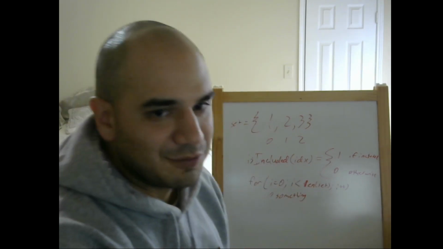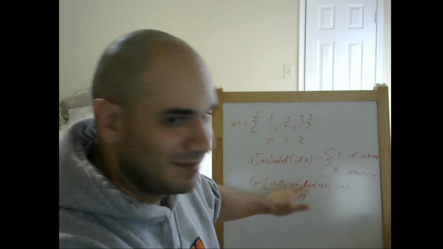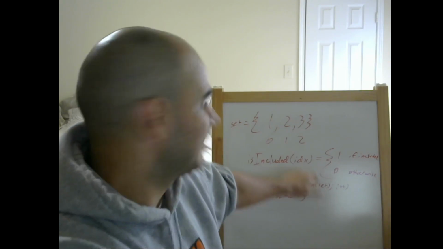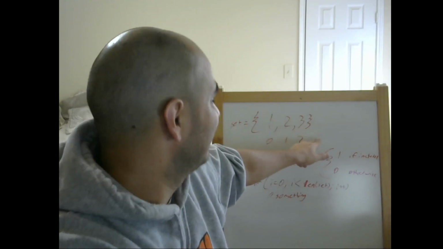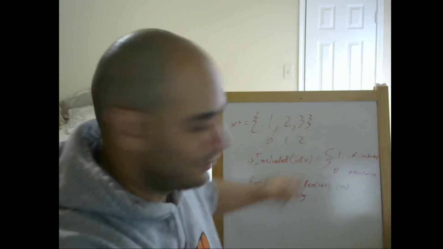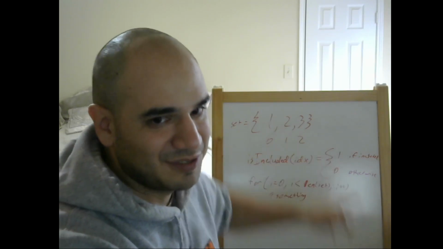For every item in our set, or for every index less than the length of our set, we have 3 items, so our length is 3, and so we want the indexes from 0 to less than 3, so up to 2.